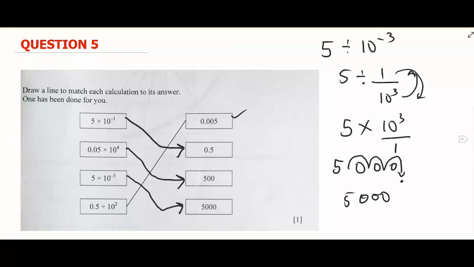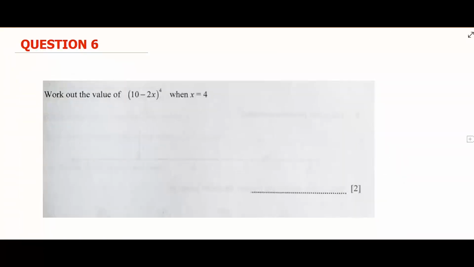Let's jump into the next one, which is question number 6. We are asked to work out the value of (10 minus 2x) to the power of 4 when x is equal to 4. So let's substitute the value of x, which is 4, here. We have open bracket 10 minus 2 times 4, which is 8, everything to the power of 4.